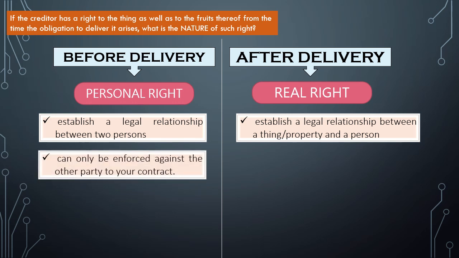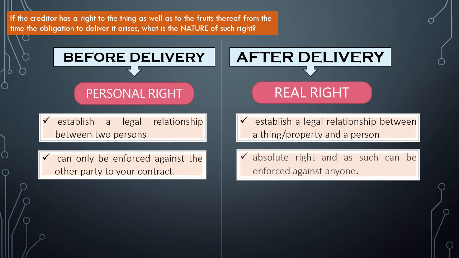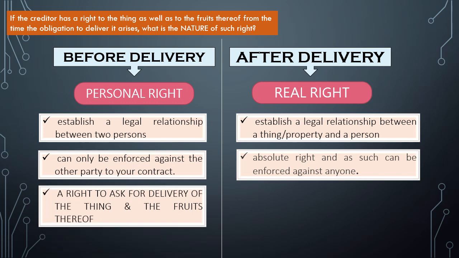Second, if it is a personal right, you can only enforce that against the other party to your contract. So if the contract is between A and B, you can only enforce it against B. But if it is a real right, that is considered by law as an absolute right. Therefore, you can enforce it against anyone, even if that person is not a party to the contract.